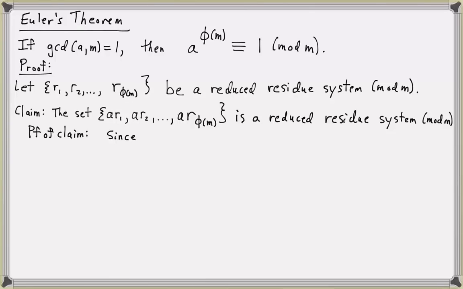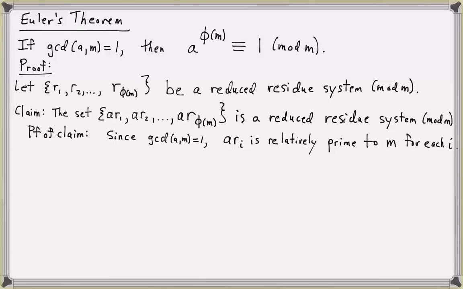Since a and m are relatively prime, then a times R_i must be relatively prime to m for each i.